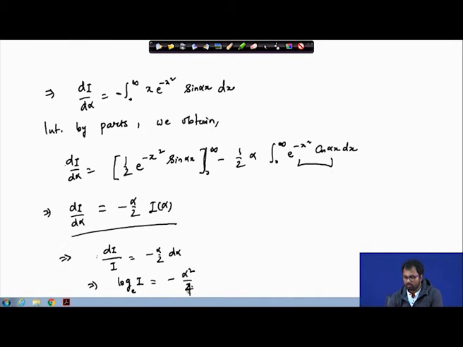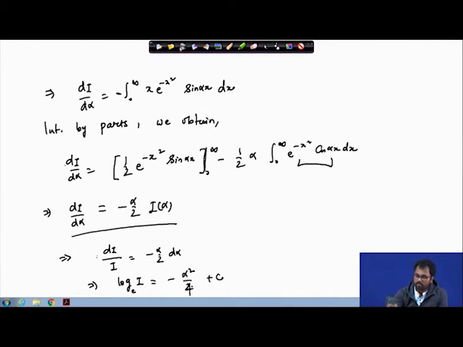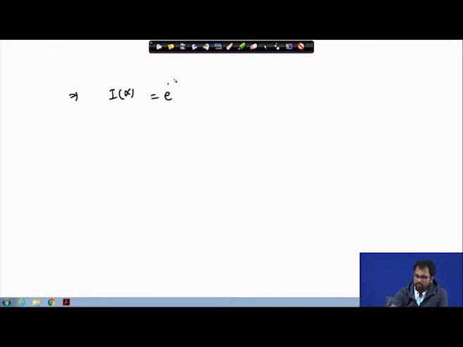So that means this will be 4 plus some constant c, and this can be written as I alpha equals e to the power some c times e to the power minus alpha square by 4.